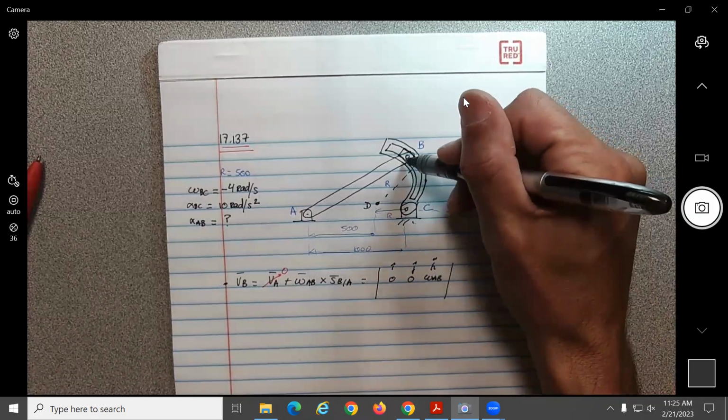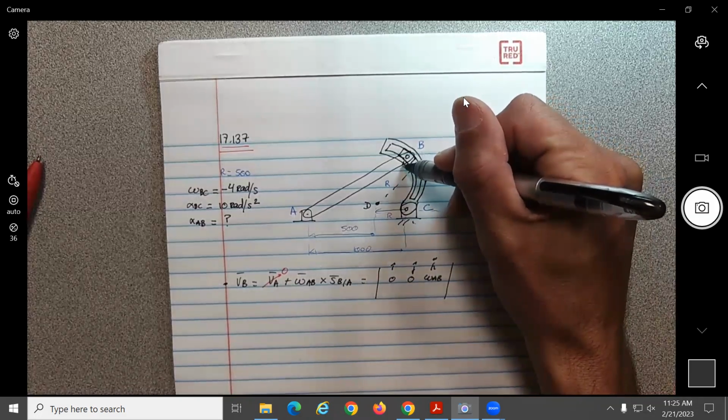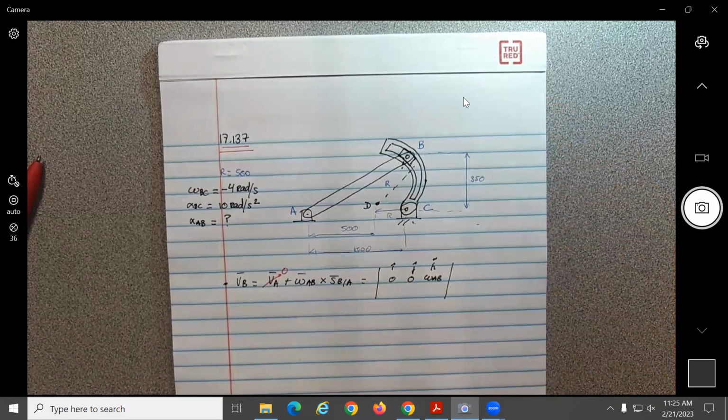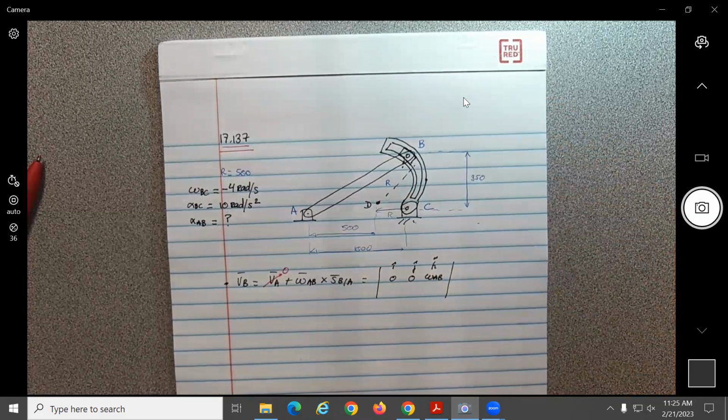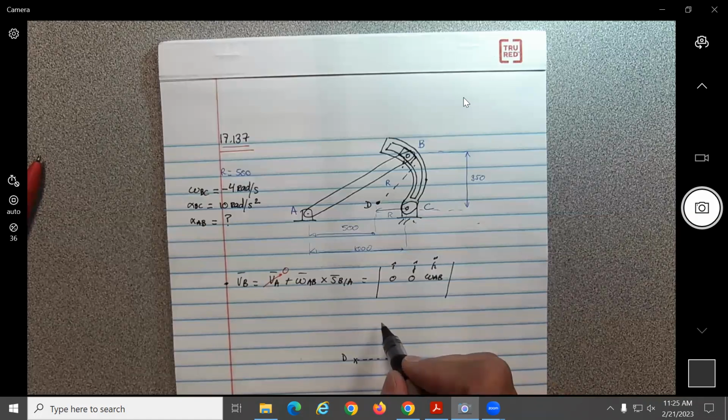So basically, yeah, that looks like it's almost on top of C. So, all right, let's redo a smaller figure, I guess. For D over here, C over here. Then can we just say that B is over here?